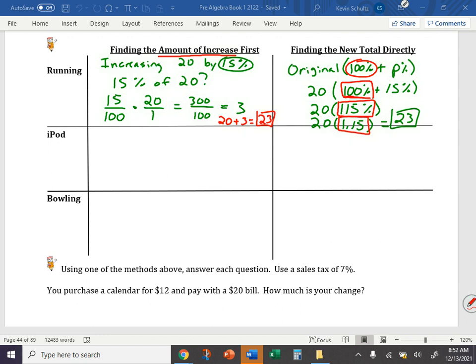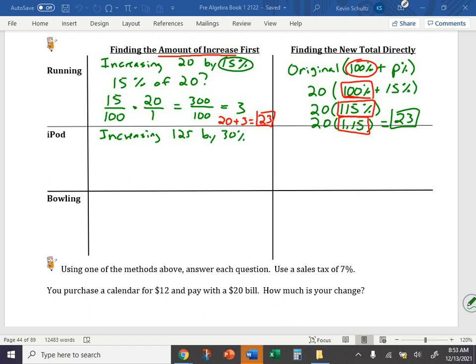Yes? I did the iPod one. And I got 1 7/8 instead. What was the iPod situation? You bought it for $125, and what's the markup? 30%. Okay. So for the iPod, we're essentially increasing $125, the original amount, by 30%.